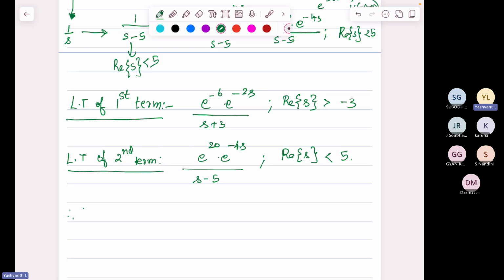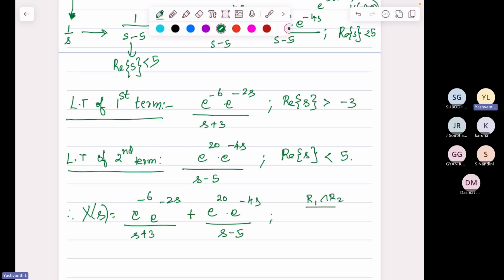Therefore, your total X of s is the sum of both Laplace transforms: e power minus 6 into e power minus 2s by s plus 3, plus e power 20 into e power minus 4s by s minus 5. What is the ROC? R1 intersection R2.